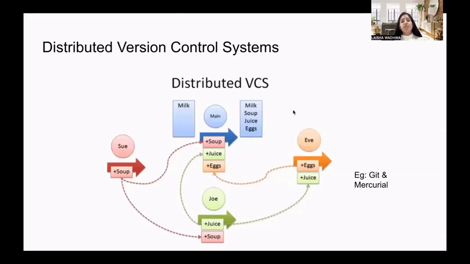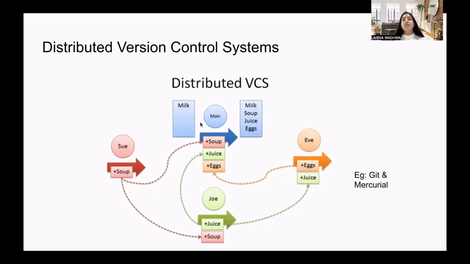In a distributed version control system, whenever you are doing a checkout from the main, which is nothing but where all of the changes are present, you're not just checking out the code, but you're also mirroring the full repository, which means you have all the history, you have all the change logs and everything present.